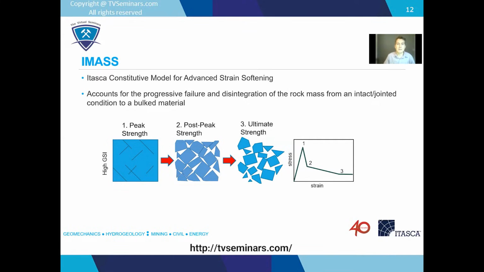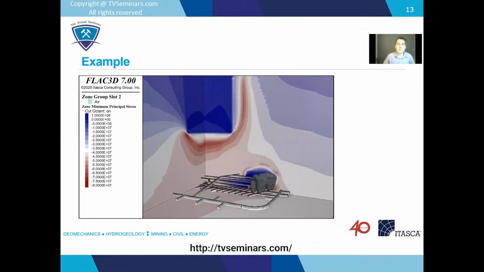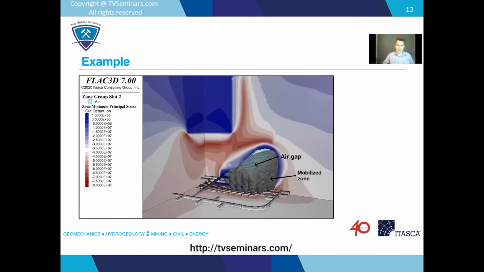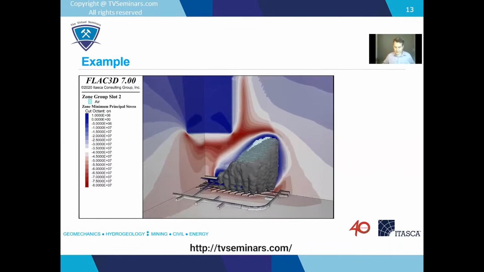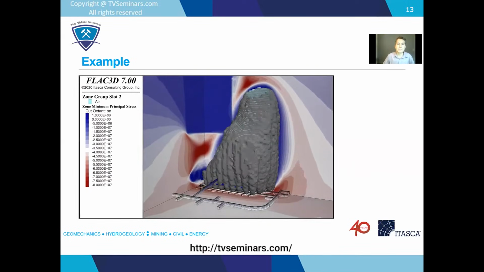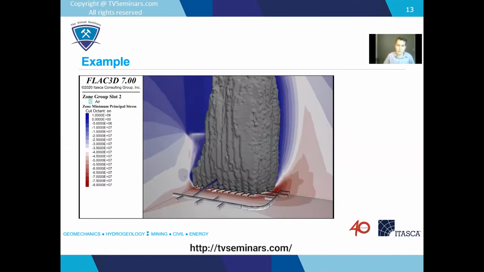There's a lot of detail in this model, and I won't go into it. But here's just a movie showing a mining operation, and what's being plotted here, the gray iso surfaces, are representing this area where it's actually descended into this broken apart bulked material, which gives you some idea of where the caving is occurring, even though this is actually a continuum model.